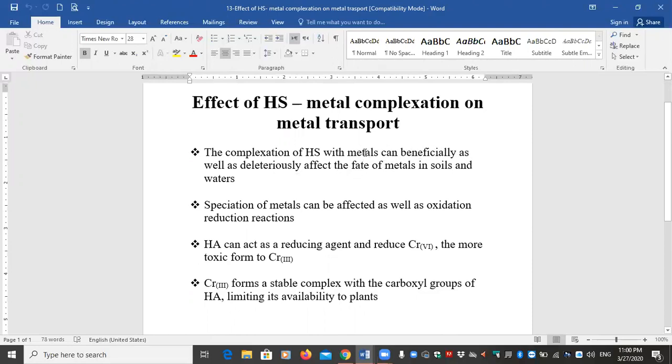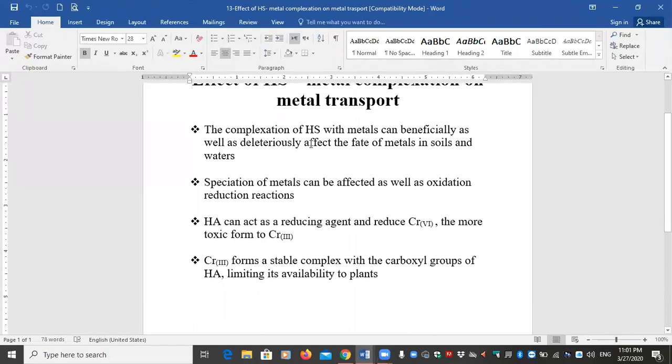So this effect can be good, or deleteriously, in a bad way, a bad effect, something that's not desirable. This is good, this is bad. So the complexation of humic substances with metals can be either good or bad. This will affect the fate of metals in soils and water. We'll take examples and see what we mean by this.